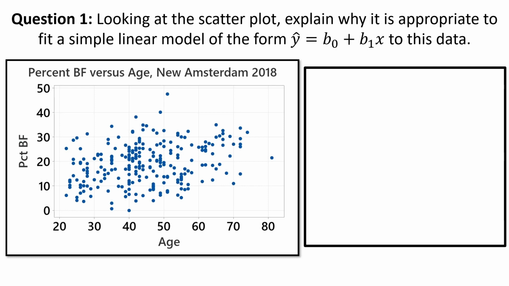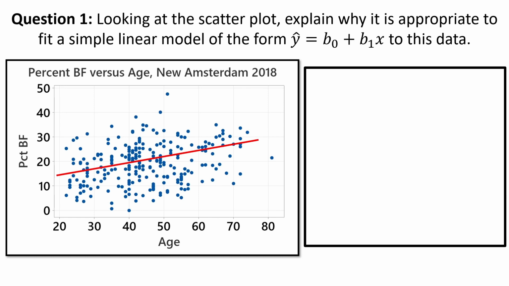So the first question was to look at the scatter plot and to explain why it is appropriate to fit the linear model to this data. And the basic idea is the data cloud, if you will, should look as if there is a linear relationship.